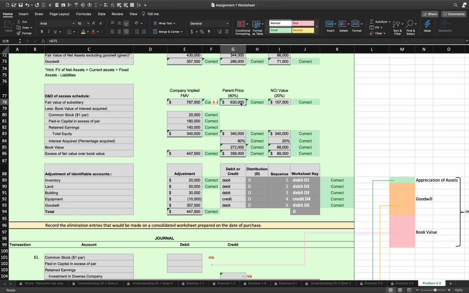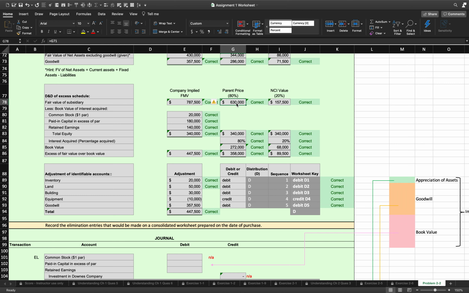Basically, what we need to do is worry about this $630,000, because on the parent balance sheet, what we're going to see is investment in Downs, 630,000. This is the date of acquisition, so nothing else has transpired, and all we have is $630,000 as an investment in Downs.